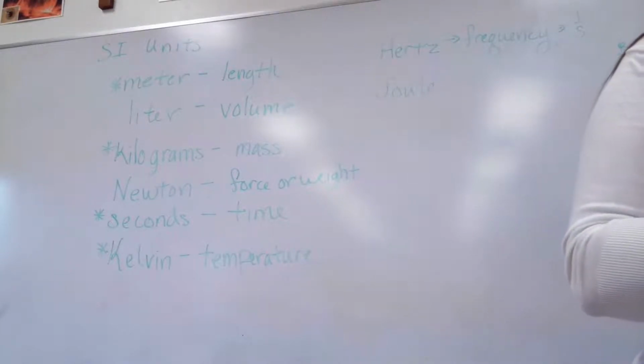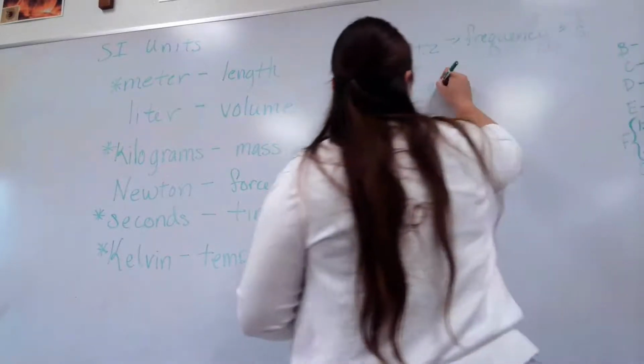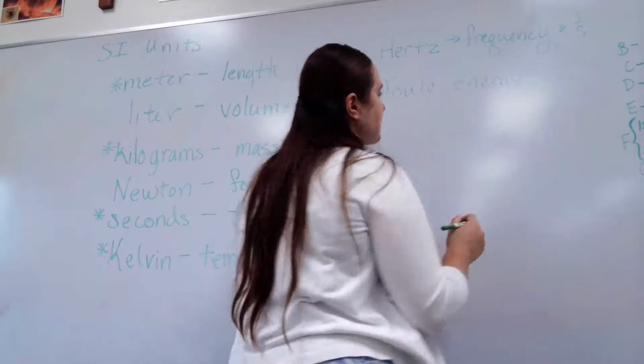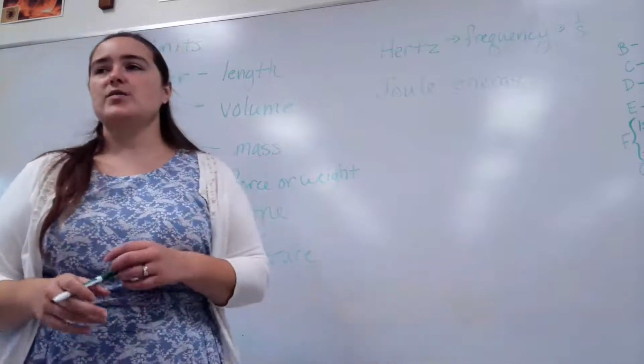So joules is another derived unit. We're stepping up a little bit in complication here. Joules, like I said, is a unit of energy. It's going to be a little more complicated, and we're going to have multiple different ways we can write this.